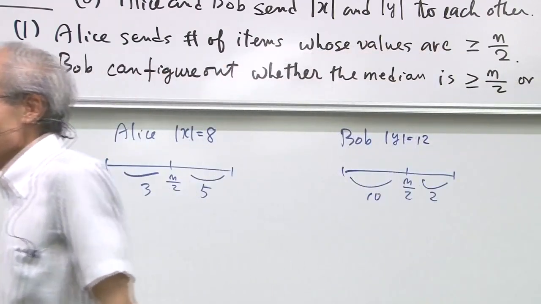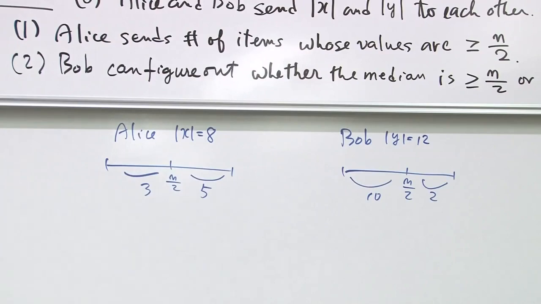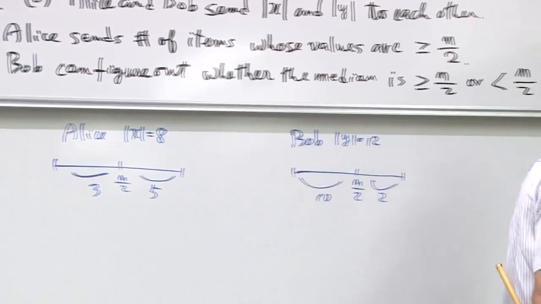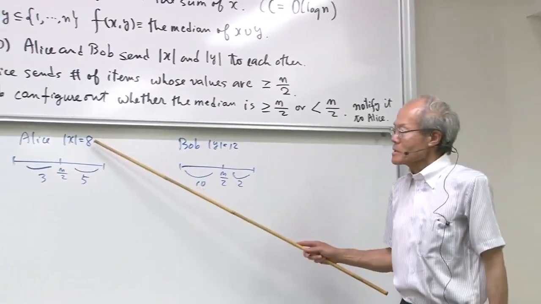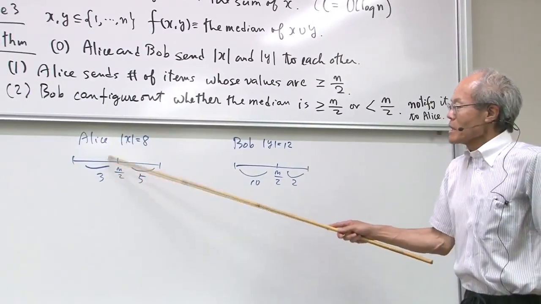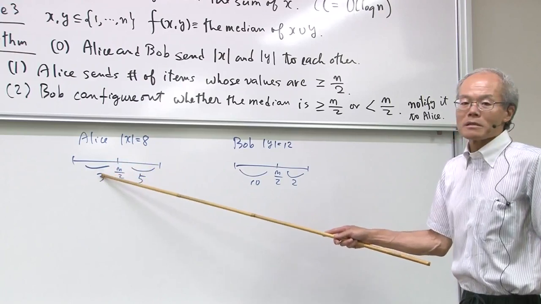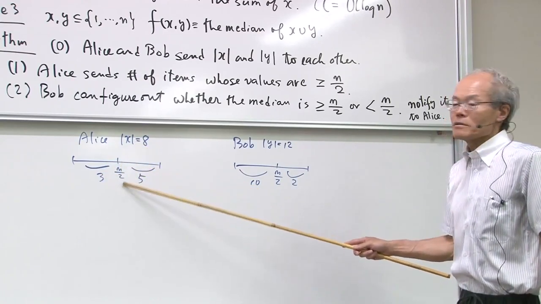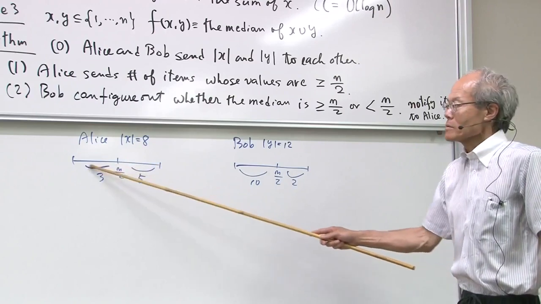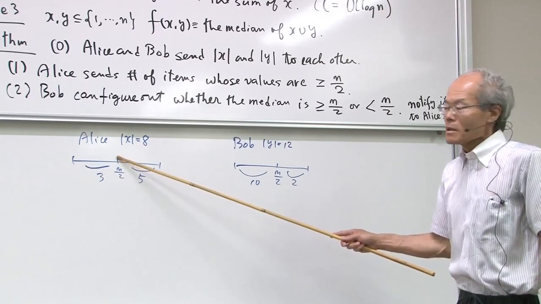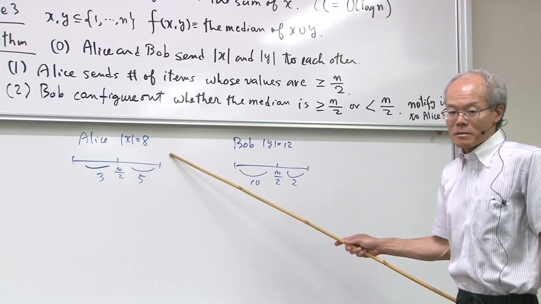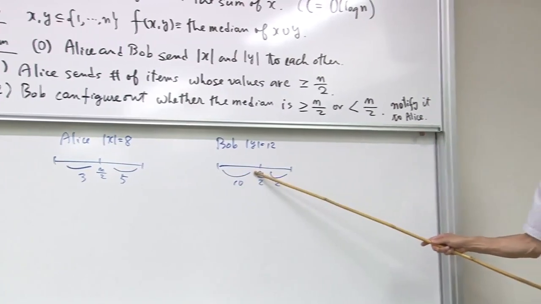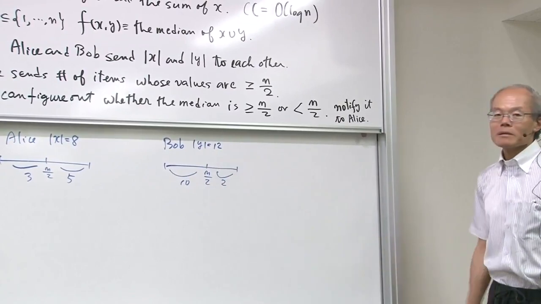Alice has 8 numbers, and Bob has 12 numbers. In Alice's case, she has 3 numbers less than n/2, in the first side, and 5 numbers in the second side. Bob has 10 numbers in this side, and only 2 numbers that side.